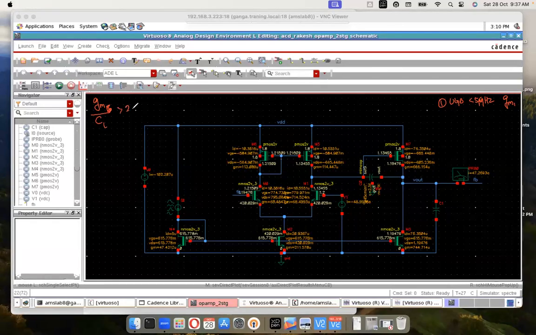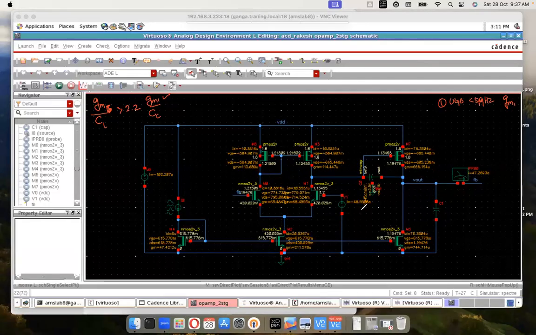The output pole has to be greater than 2.2 times GM1 by CC. Correct? Now, if you improve GM1, is it sufficient? You improve GM1, you move your UGB out. That is good. But at the same time, you will also have to touch GM6.